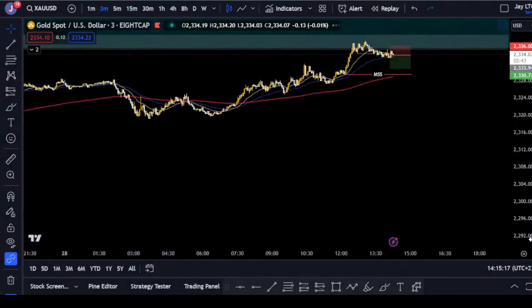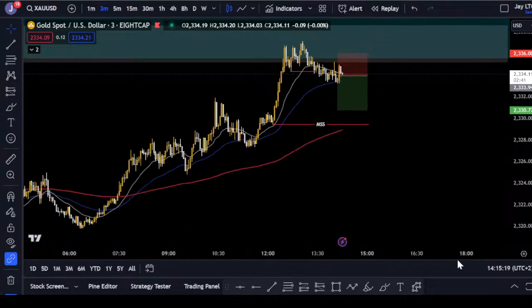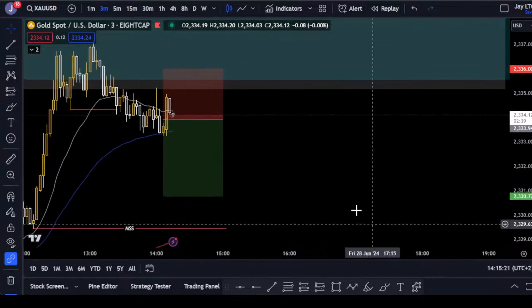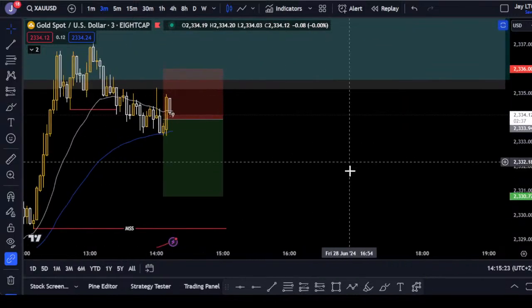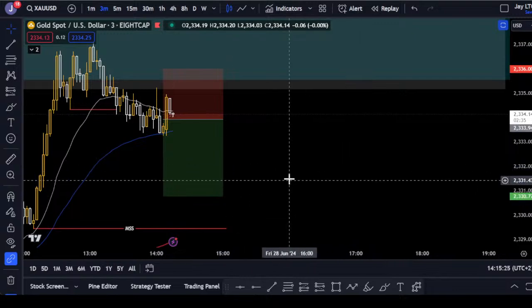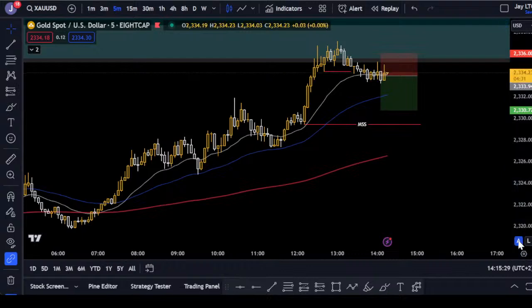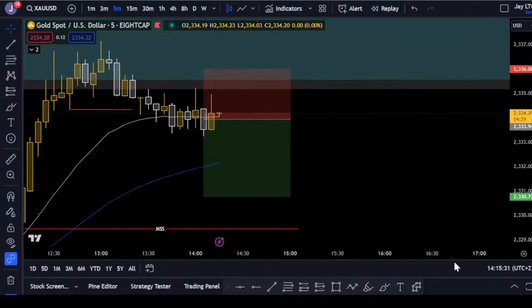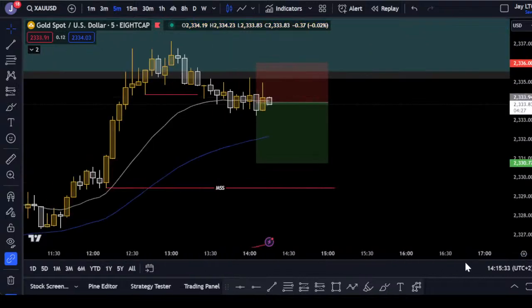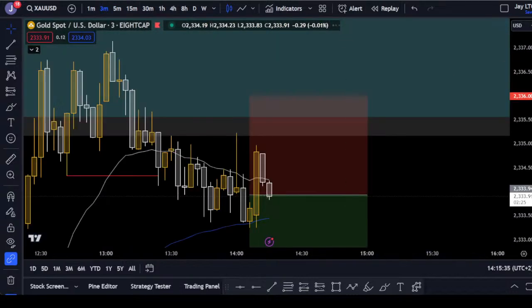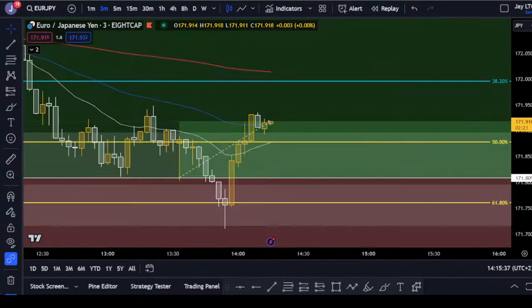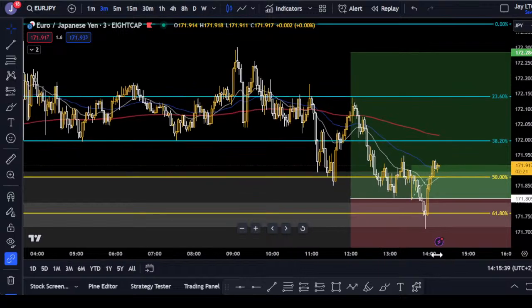Where are we right now? Boom. That's looking good. If you got in on the entry here, beautiful. And then last but not least, we have the EJ trade.